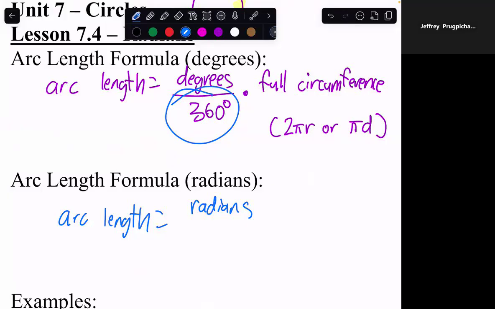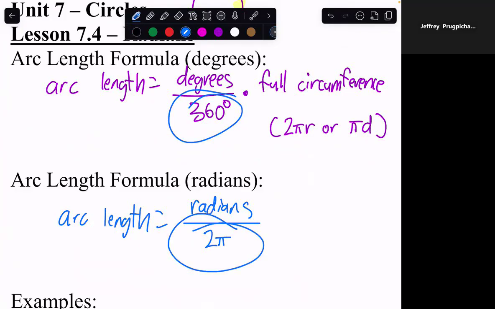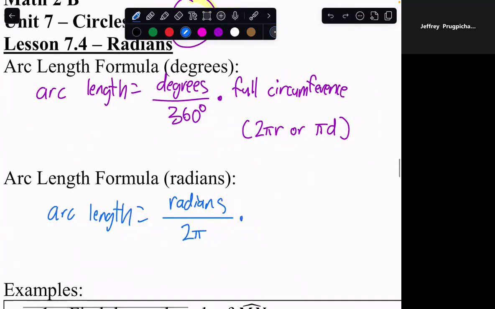It's a full circle. So you still want to divide by a full circle, but instead of calling it 360 degrees, you call it 2 pi radians. So either way, you're dividing by a full circle. It's just a matter of notation. And this part stays the same.